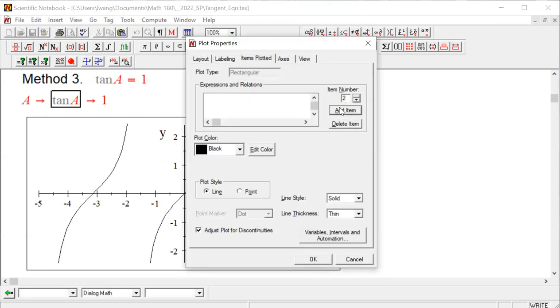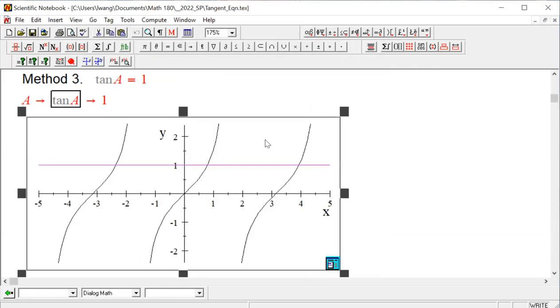And this time I'm going to use purple. And there you go. The crossings give us the solution. So here, solution, here, solution, right?